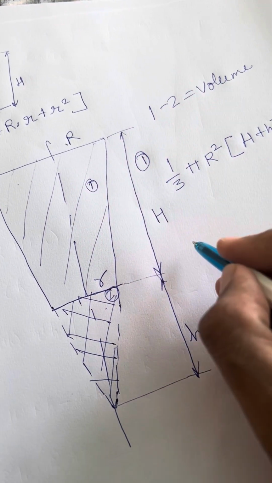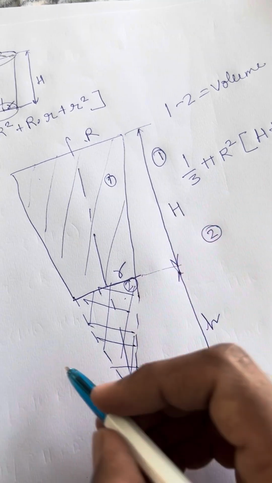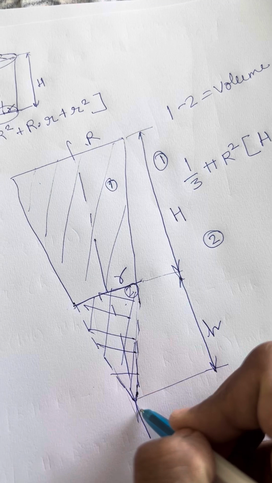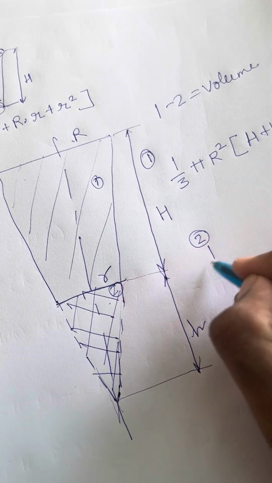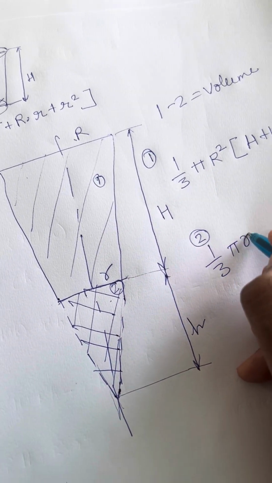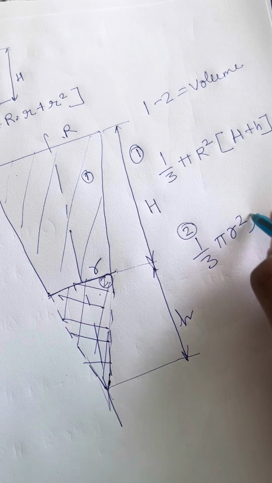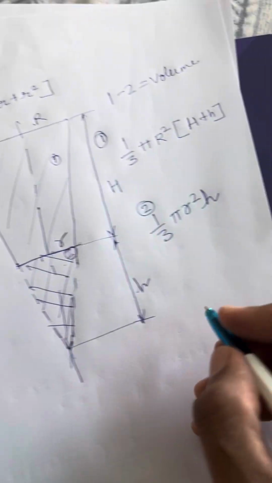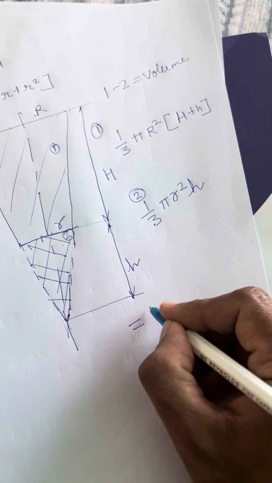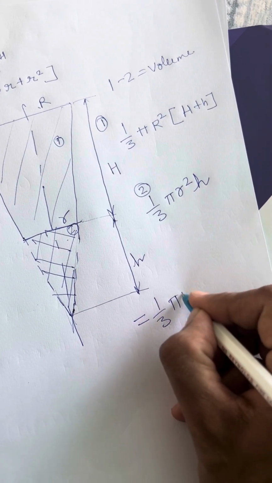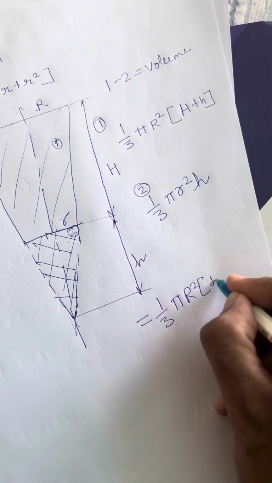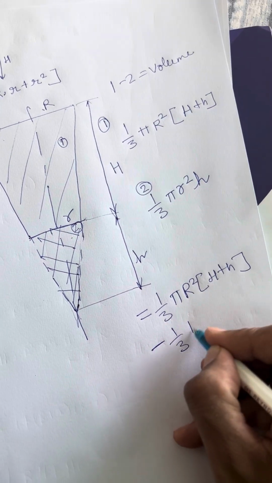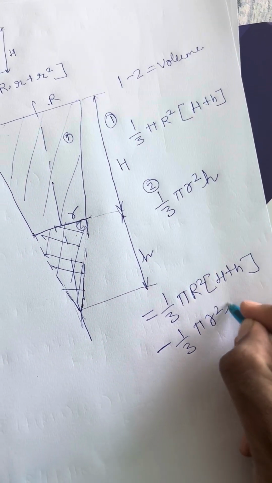I do it simply. Then what is the volume of the smaller conic section? This volume, I can denote by 1/3 of pi r square h. So what is the volume of my frustum? This will be denoted by 1 by 3 pi R square (H plus h) minus 1 by 3 pi r square h.